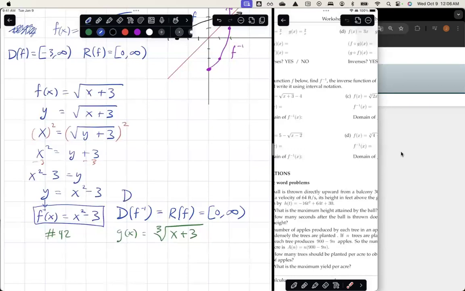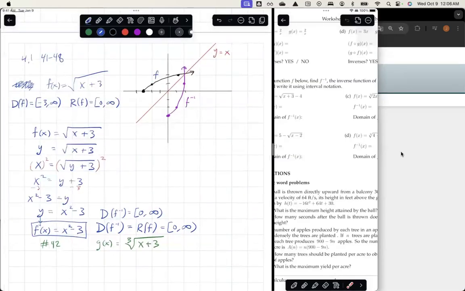So the domain of f inverse is going to be starting at an x value of 0 and going to positive infinity. And you can see exactly that happening. It starts at 0 and it goes to the right and up, right? So the values of x start at 0 and go to the right. The function goes up as well, but for the domain, we only care about the horizontal travel.